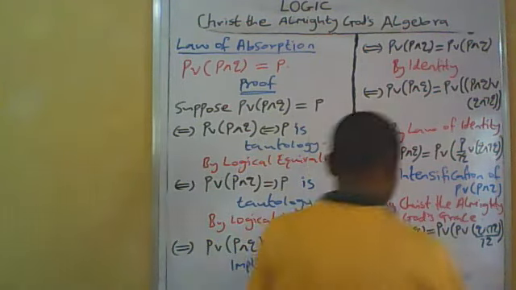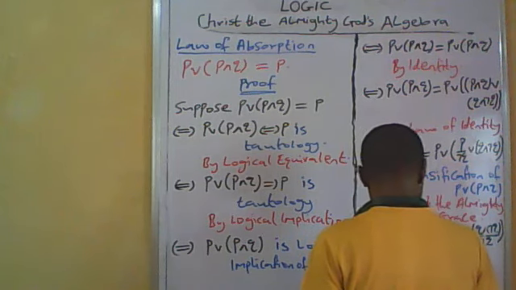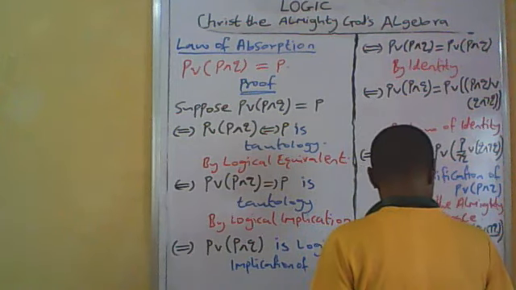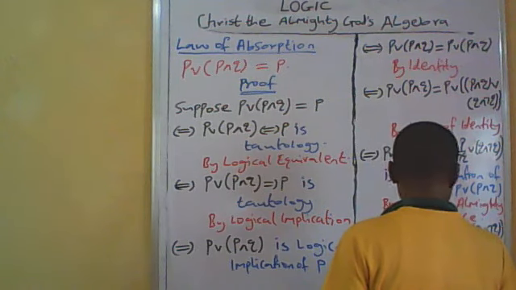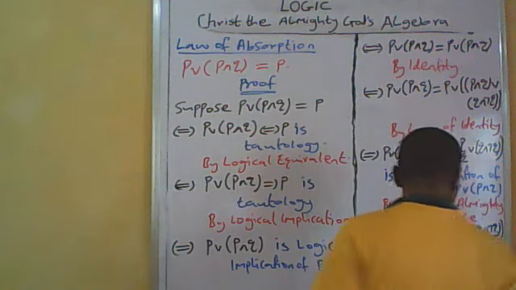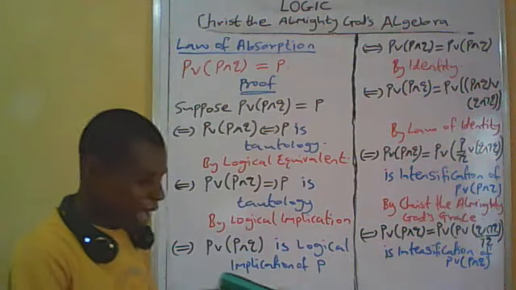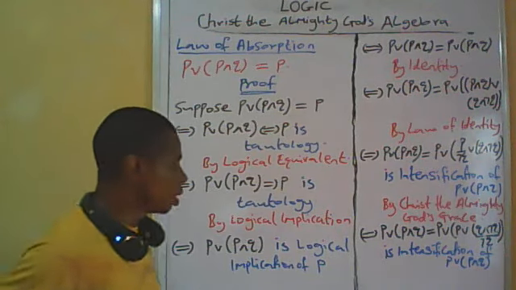So it's still an intensification of the left-hand side of the equation, because it is equivalent to P or Q. So then he said this is an intensification of P or (P and Q), being justified by distribution of implication.